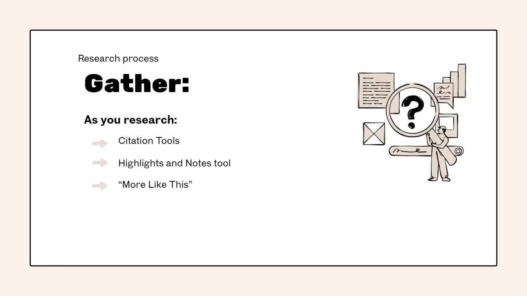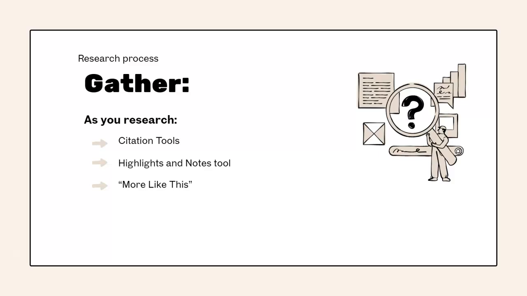Something cool about the Gale database is that it has a citation tool, which will let you copy and paste the citation for that article that you're using. It's available in MLA and APA citation editions.